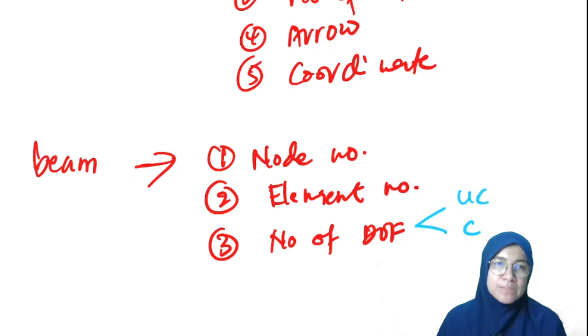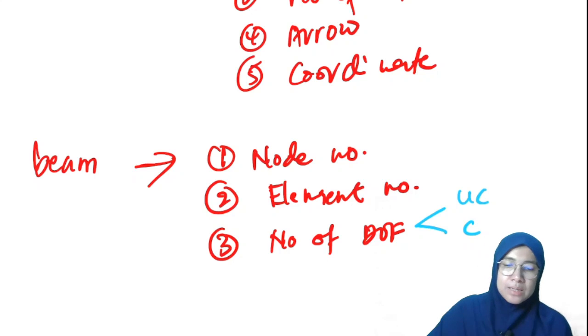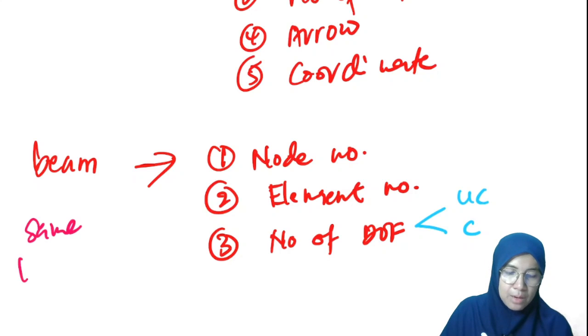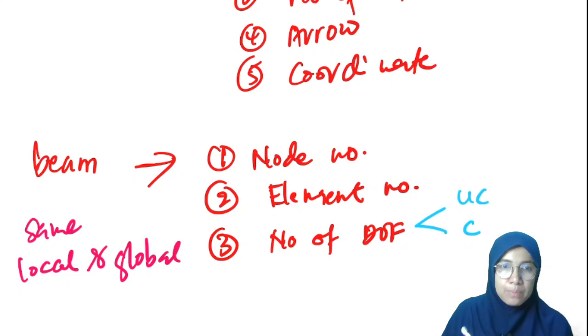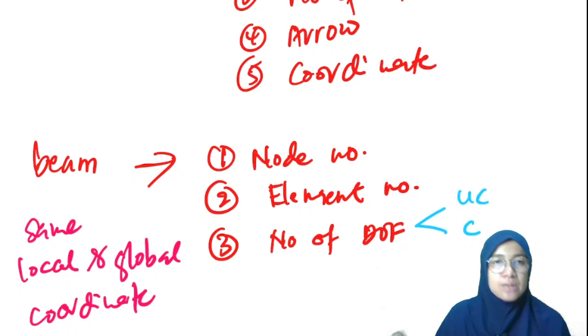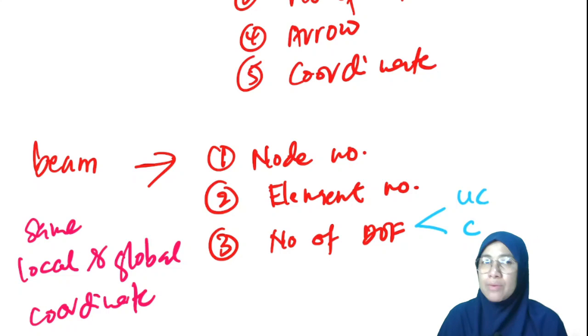But for beam, since beam has same local and global coordinate, we don't have to put the arrow because the arrow is always going to the right side, understood?